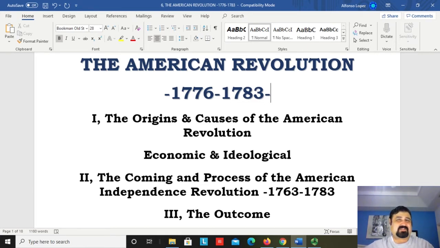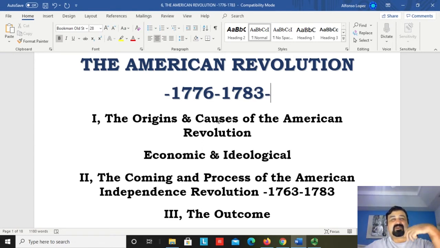In some cases, those were ideas even written by English philosophers, English writers, English thinkers that proposed new ways of governance. They proposed reforms to create the ideal political state that would provide more rights, more representation to the population.